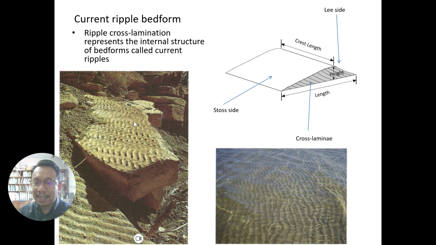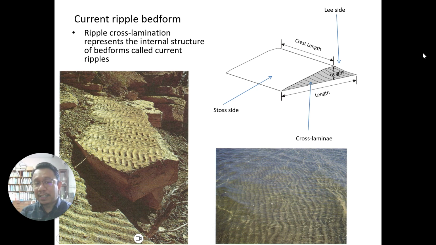You can see a crest, right? And then you have a gentler side and also a steeper slope. The gentle slope is called the stoss, which is up current, and the lee, which is the steeper slope, is the down current surface. And then you have the ripple crest forming the hinge between these two surfaces.